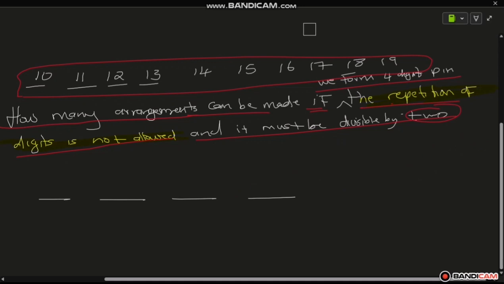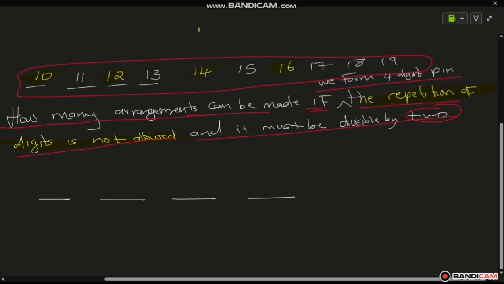So the last number must be an even number for the arrangements to be divisible by 2. Then you check out of the 10 digits that you have here. Let me count all, or highlight all, the even numbers that are divisible by 2. We have 10, we have 12, we have 14 as numbers that are divisible by 2, or even numbers.